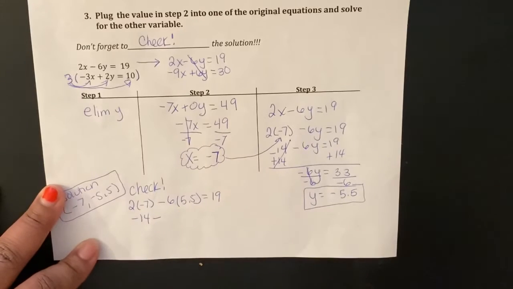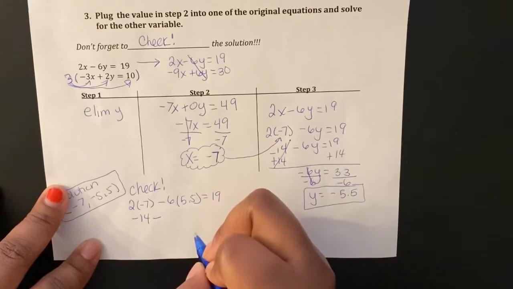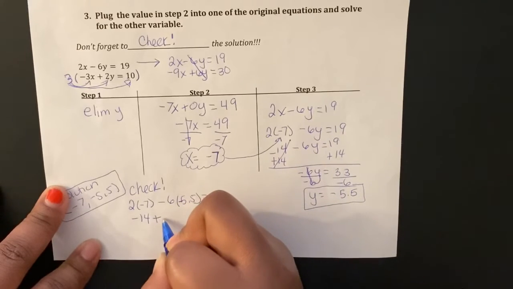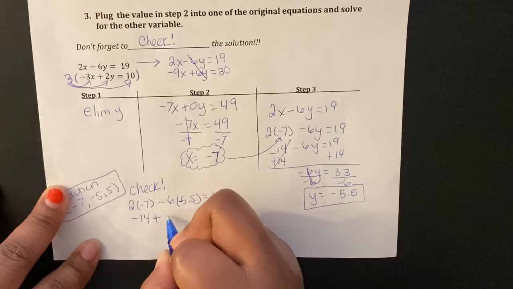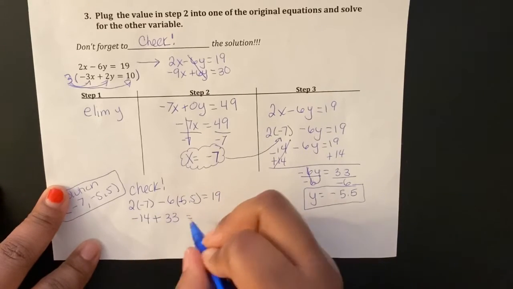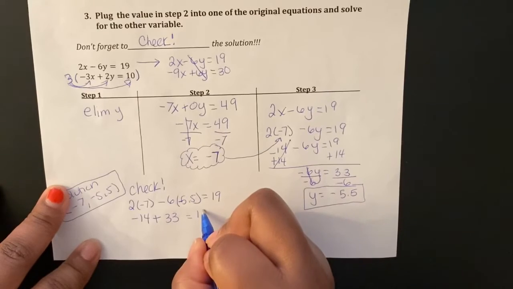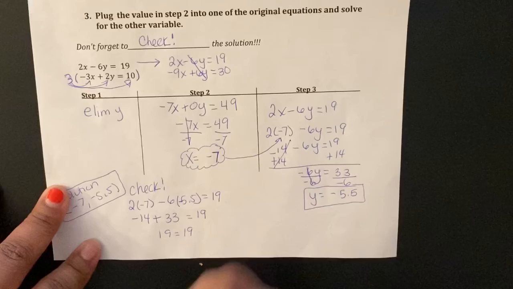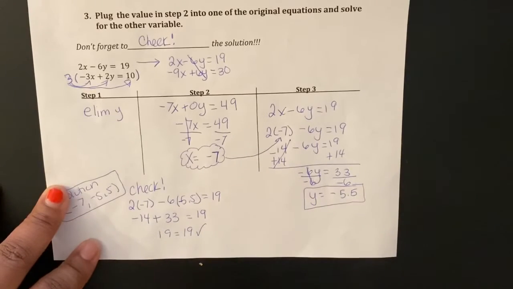And negative 6 times negative 5.5 is positive 33. And negative 14 plus 33 is 19. So 19 equals 19. That is correct. So we know the solution works for our first equation.